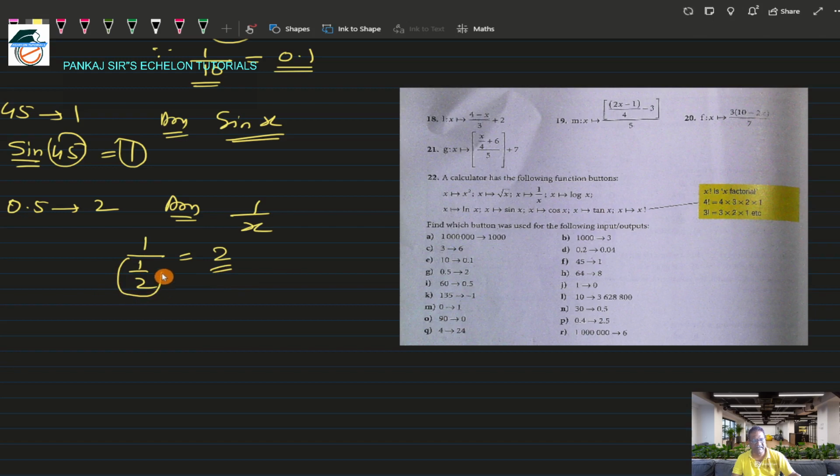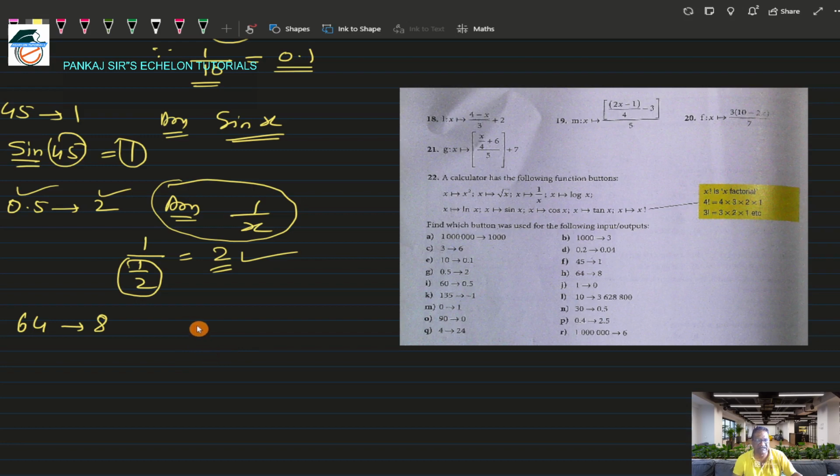So when the input is half, my output is 2, and this happens only when my function is 1 by x. So on the calculator, when you press 1 by 0.5, you get the answer as 2.